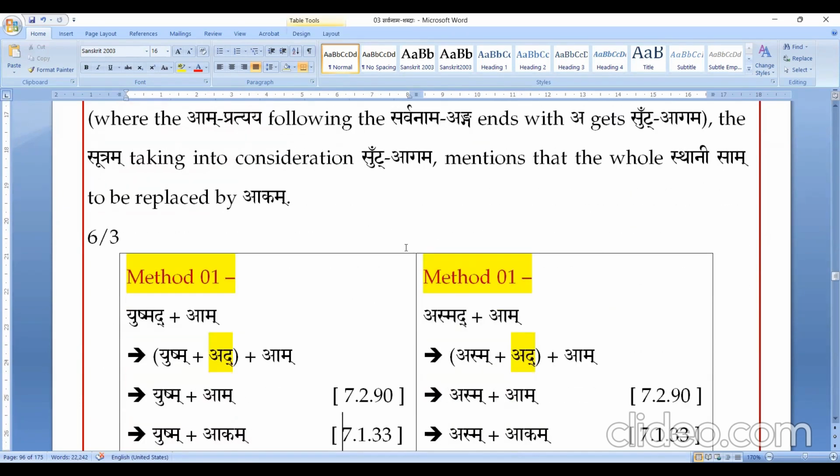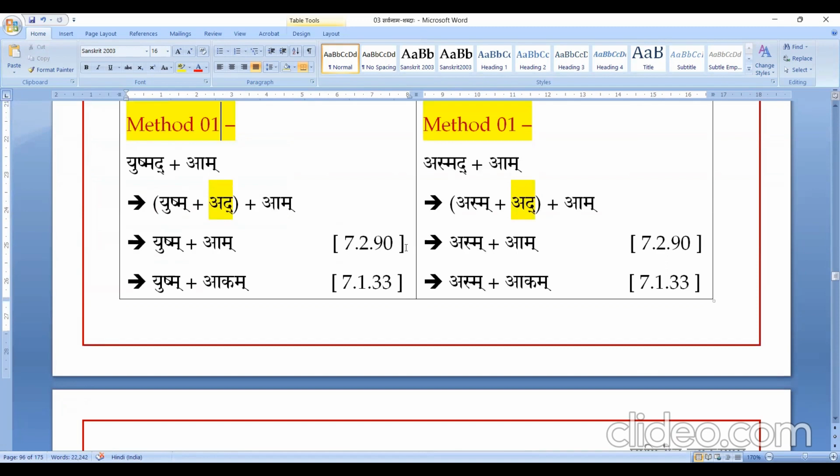We will see now. By method 1, that is T-Lopaha, Yushmat plus Am. It is Bahuvachanam, therefore no change happens to Yushma. Yushma Shabda will remain as it is. Am is there. Am is getting Adesha, therefore Adesha Vibhakti Pratyaya follows, therefore there is no Akara Adesha, Rekara Adesha. Therefore Sheshe Lopaha will apply. The Shesha Lopaha, T Lopaha, Ad becomes Lopaha. Therefore Yushma plus Am. Now this Am can be replaced by Akam, therefore Yushmakam.